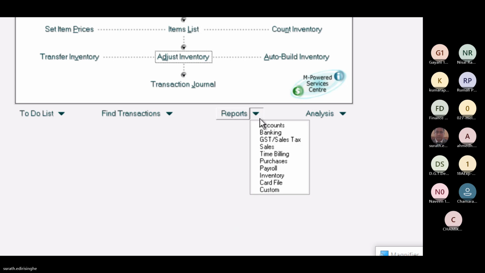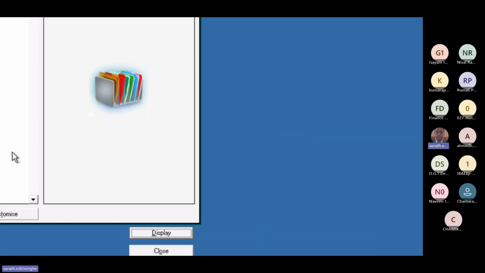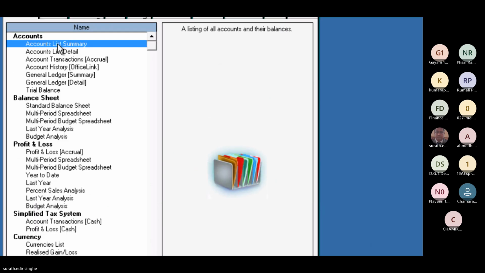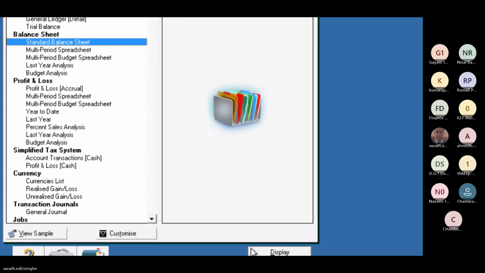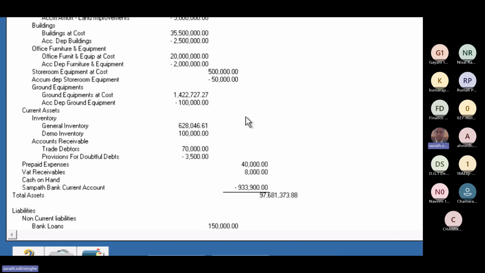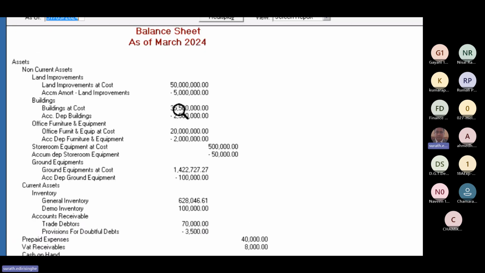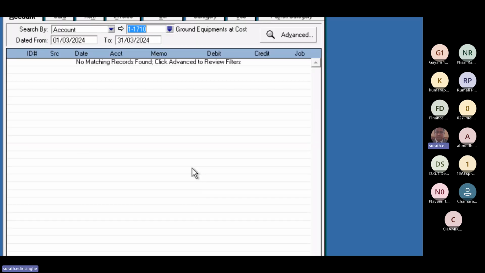Reports, accounts, your balance sheet, standard balance sheet. Display the standard balance sheet. Go to your equipment cost, 1.4 million. Click on this 1.4 million and filter your period 23 April 1st.